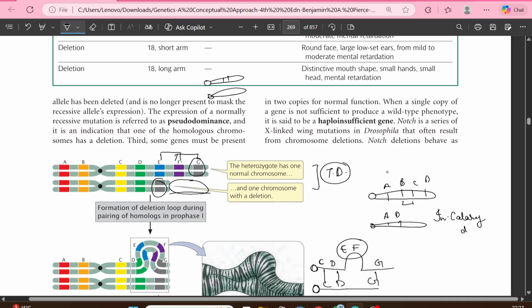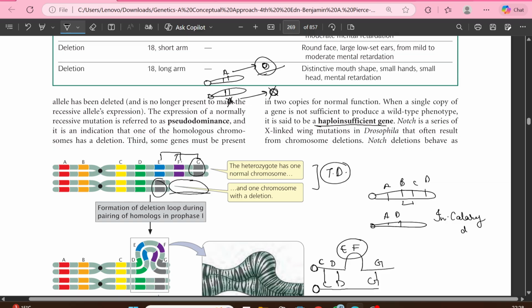Now suppose both of the copies contain this A gene, and both of the A genes are coding for a protein. Now if one of the A genes is absent, then the protein would not be coded and the protein dosage will become half. So this time the effect which has to be produced by this protein cannot be produced because its concentration is very low. That time we say that it is a haploinsufficient gene.